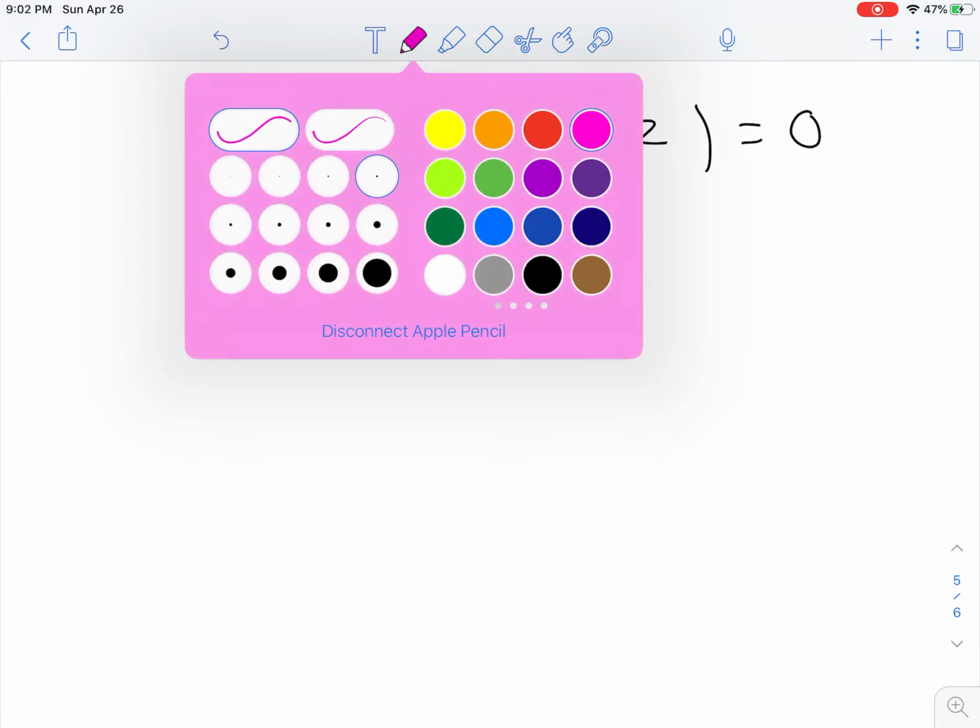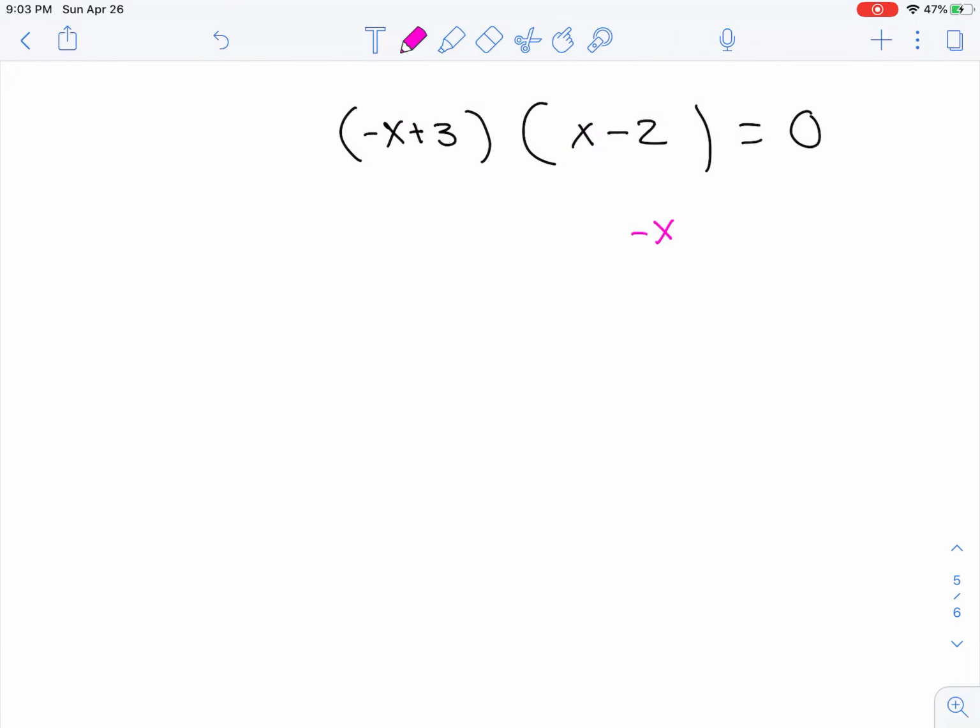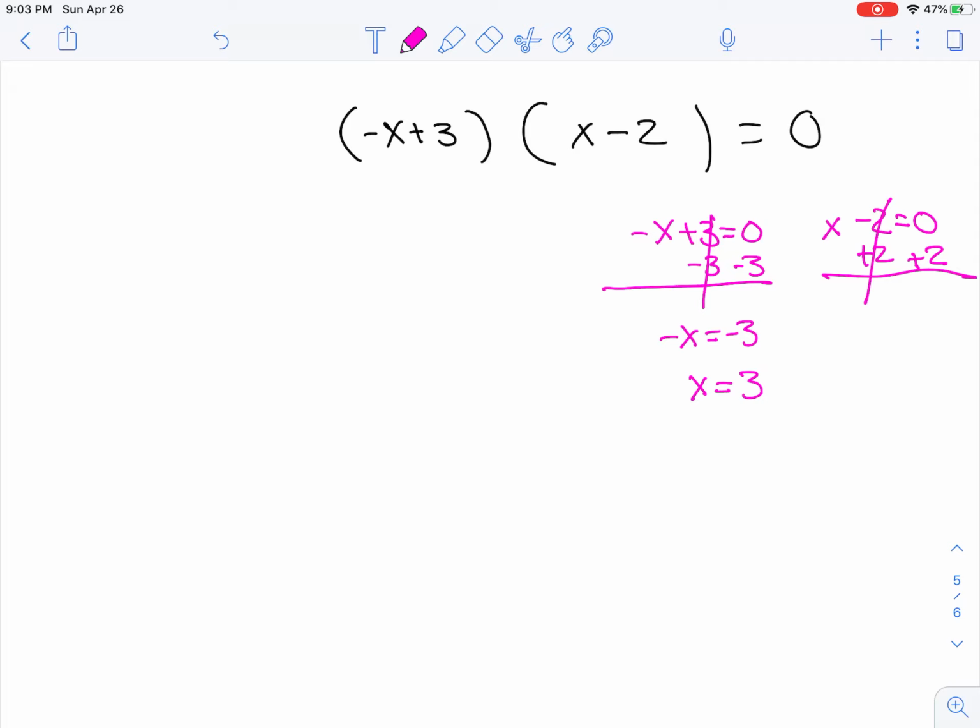Okay, so if I'm just trying to get x-intercepts right now, I'm going to set negative x plus 3 equals 0 and x minus 2 equals 0. I'm getting minus 3 minus 3. Negative x equals negative 3. That means I switch my signs and I get x equals 3. Add 2, cross that off, x equals 2.